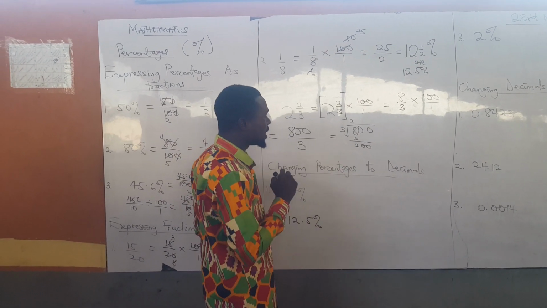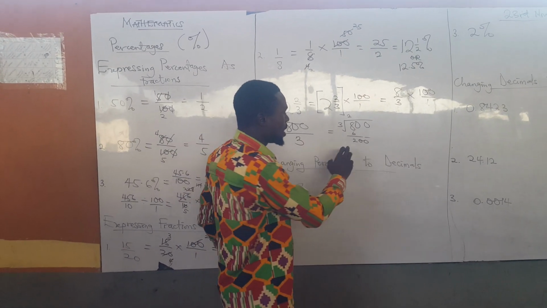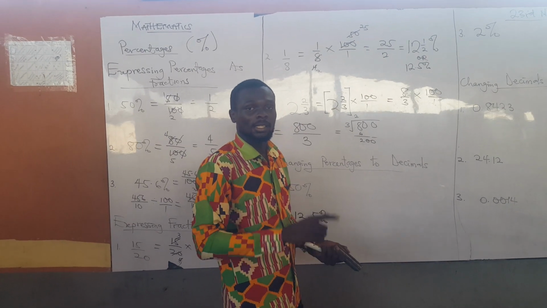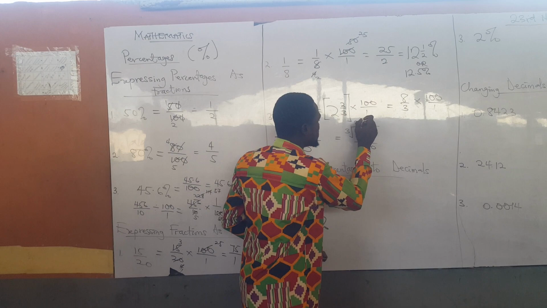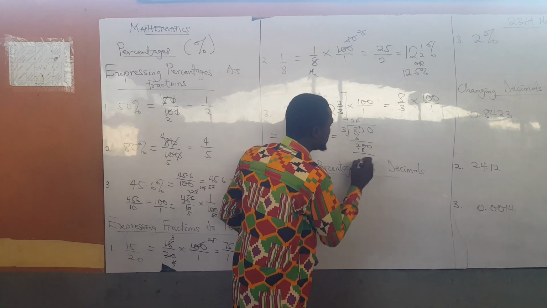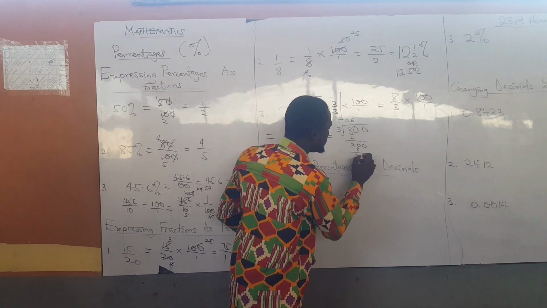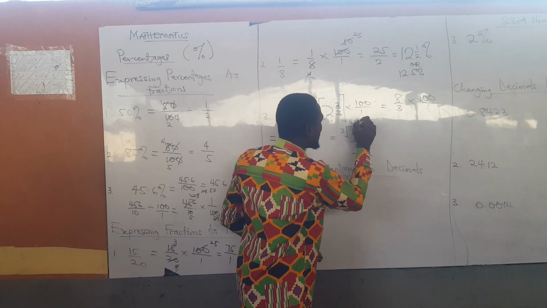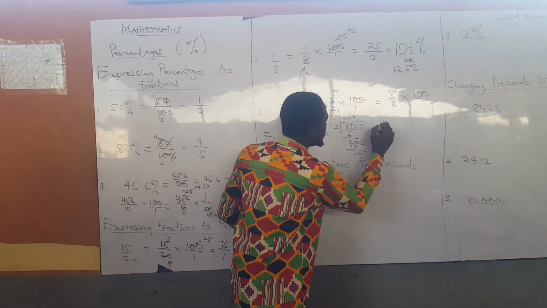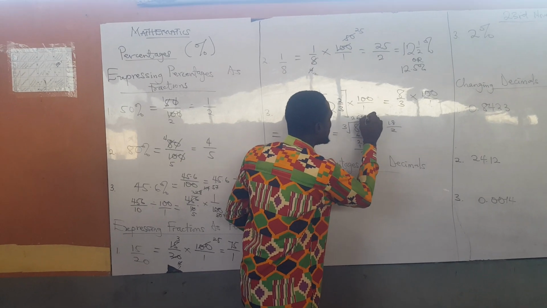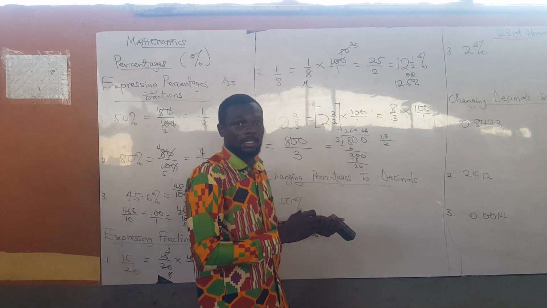So we are going to say 3 will go into 20 six times, because 6 times 3 is 18. You are going to get 2. You bring down your 0. You are going to get another 6. If you multiply, 18, you are going to get another 2. So you are going to get 6, 6, 6, 6.